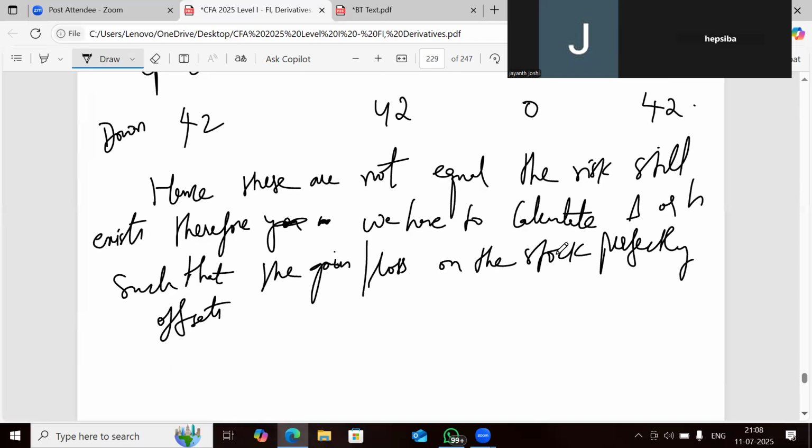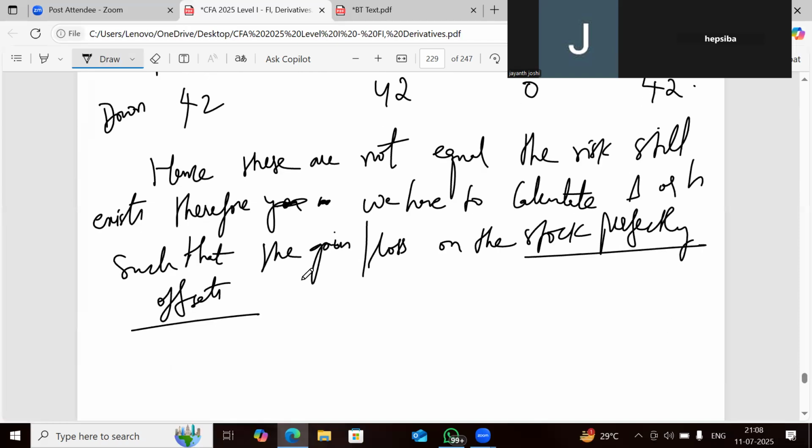Gain or loss on the stock perfectly offsets. This kind of point in textbooks will not be very clearly given.